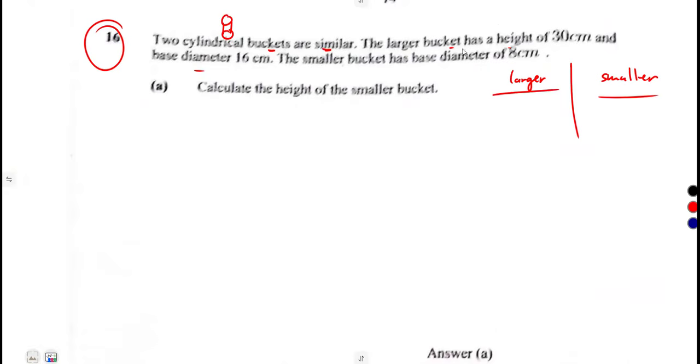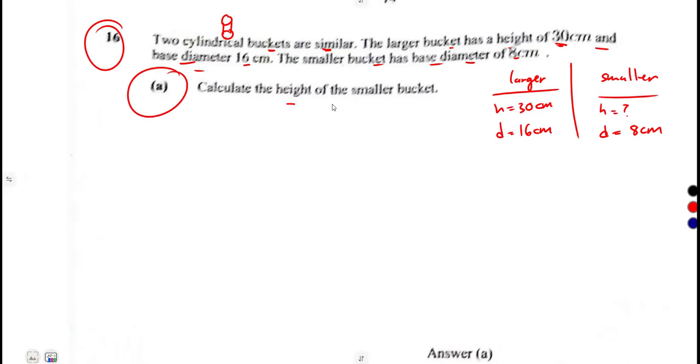From the larger, we are given the height 30 centimeters and the base diameter 16 centimeters. The smaller bucket has a base diameter of what? We are given the diameter there of 8 centimeters. That is what we are given. The height is not given for this one, right? Calculate the height of the smaller bucket. That is the one that they want.